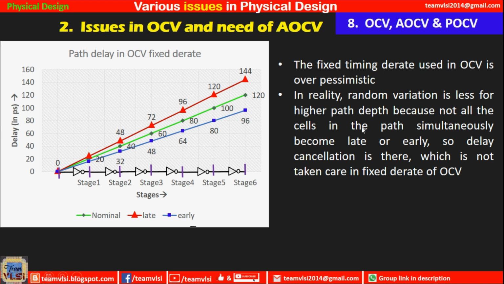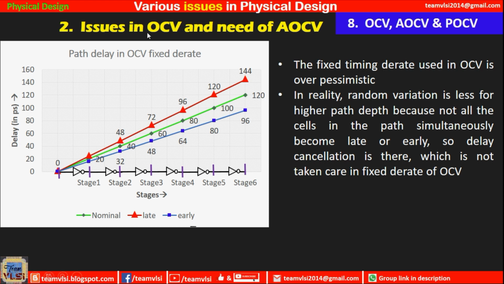In reality, random variation is less for higher path depth because not all the cells in the path simultaneously become late or early. So delay cancellation is there. Suppose 1 or 2 stages become early and the rest are late, then definitely our worst delay won't be 144 ps.